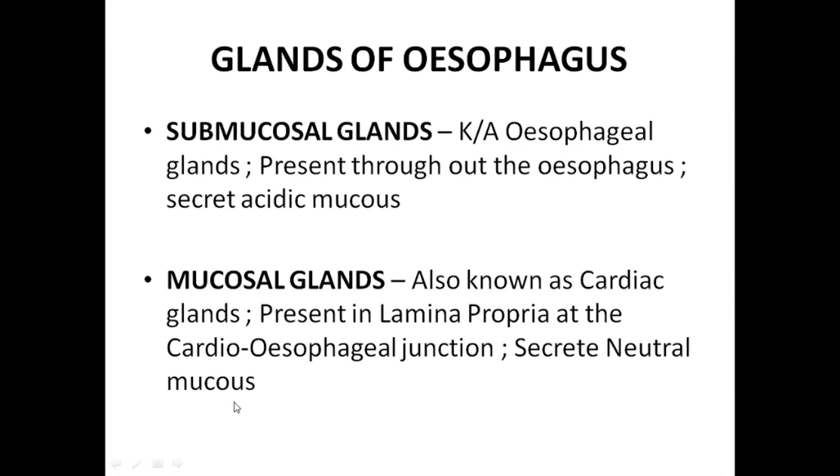They do not secrete the acidic mucus, they secrete the neutral mucus. So these are the two types of glands present in the esophagus: the esophageal glands, also called the submucosal glands, and the cardiac glands, also called the mucosal glands.